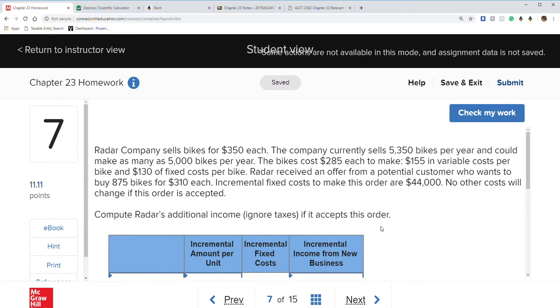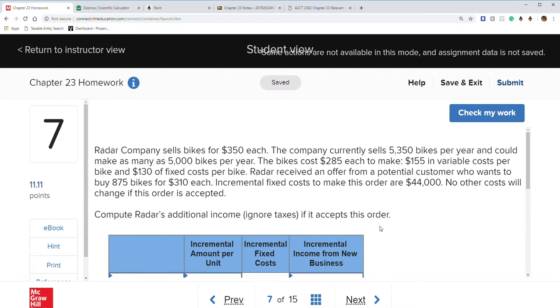The bikes cost about $285 each to make, $155 in variable cost, and $130 in fixed cost. We have received an offer from a potential customer who wants to buy 875 bikes for $310 each.